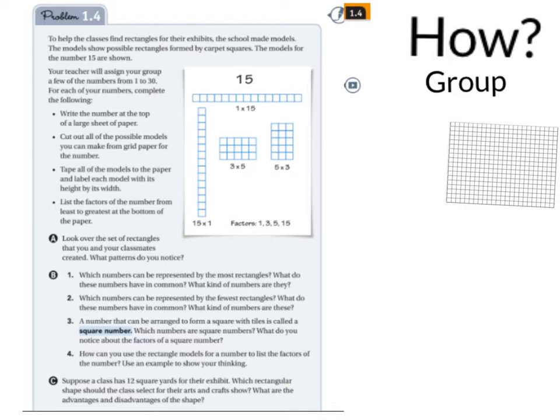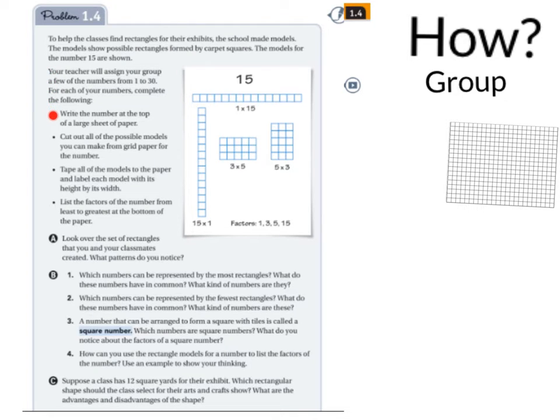It says, to help classes find rectangles for their exhibits, the school made models. The models show possible rectangles formed by carpet squares. The models for the number 15 are shown.